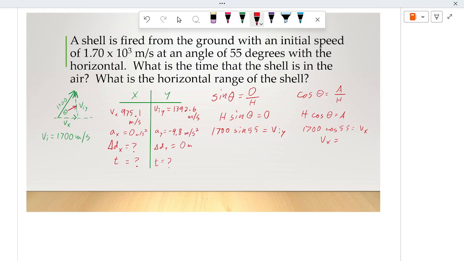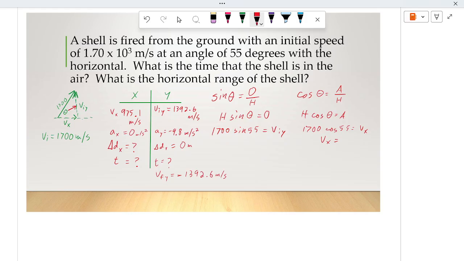All right. So at this point, I actually do know my final velocity in the y dimension. Remember that since it goes up and comes down to the same height, the final velocity in the y dimension is the same as it was as the initial velocity, except it's negative 1,392.6 meters per second.